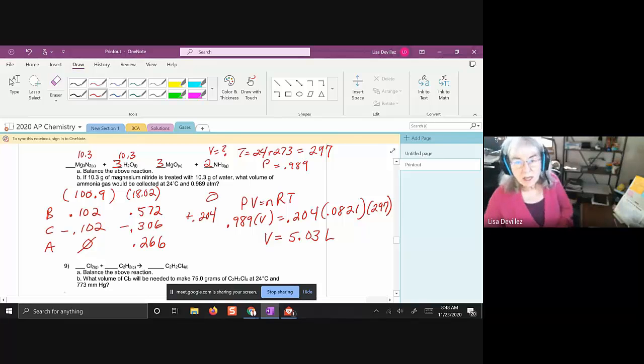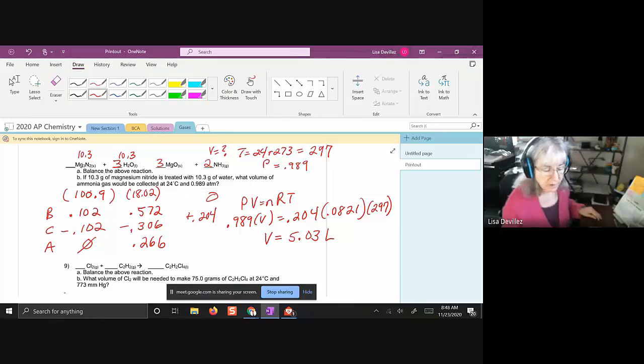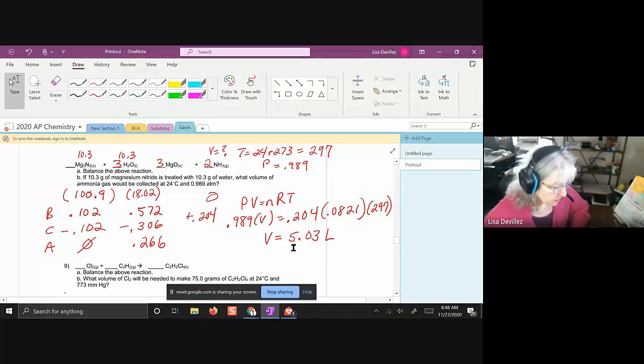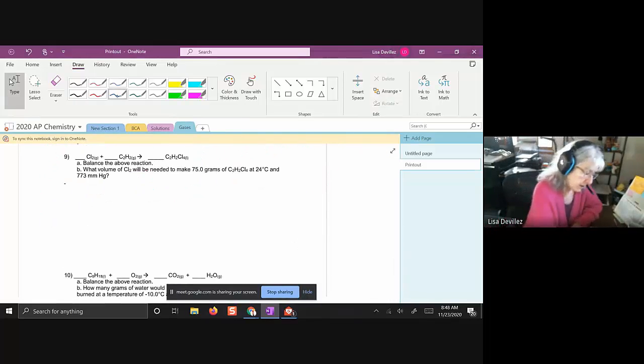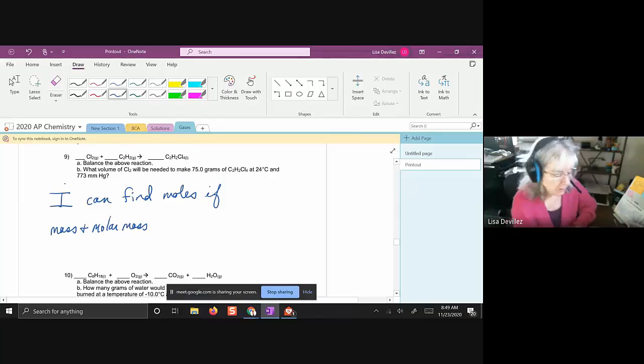Okay, so pretty straightforward there, with the ICE tables. And so the key thing I think to start thinking about is you want to recognize that I can find moles if I have a mass and a molar mass, right? I know what it is and I have grams.